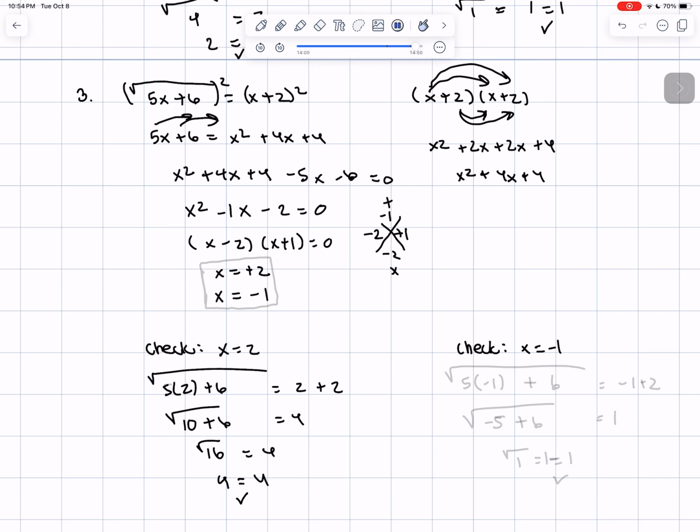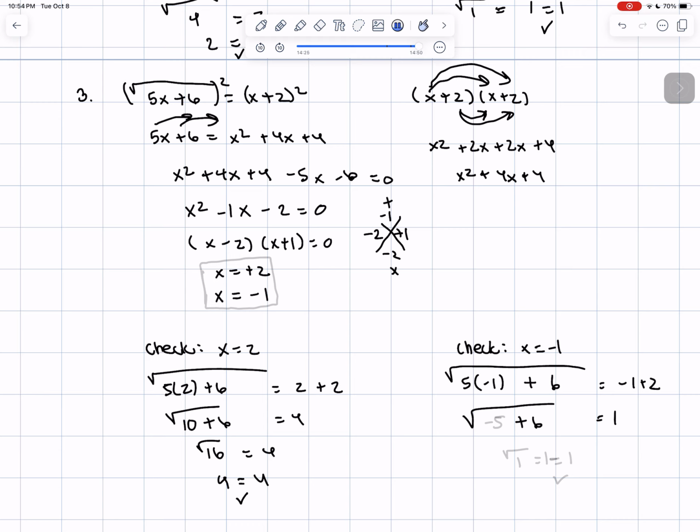And then let's do the next one. So minus 1 plus 2 is 1. Negative 6 plus 6 is 0. But did I do that right?